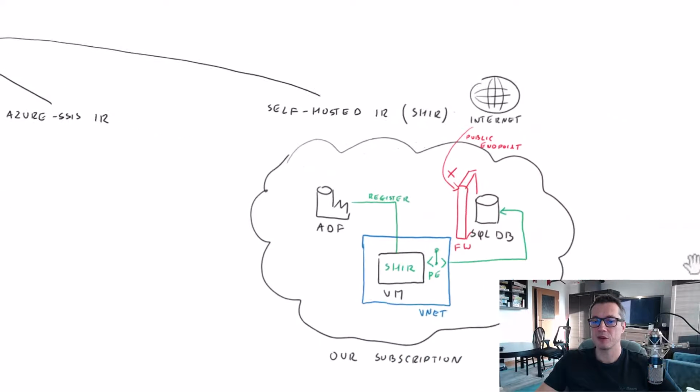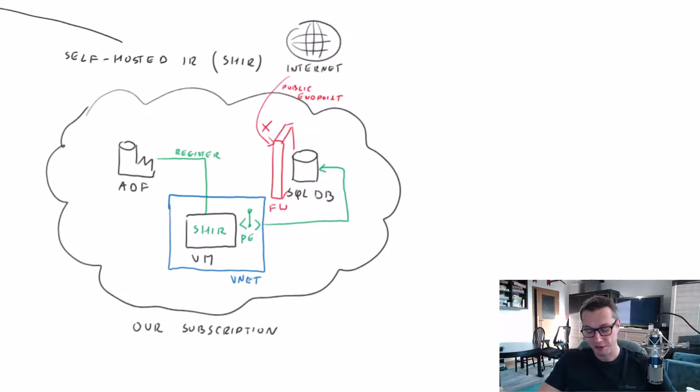So let's hop back to the drawing. So what we did. Right now, we've got all parts of the puzzle or pieces created. We have a Data Factory instance that has access to this newly created self-hosted integration runtime.